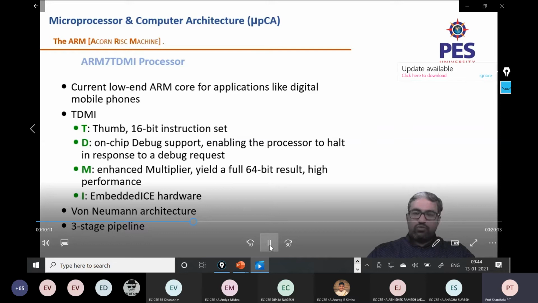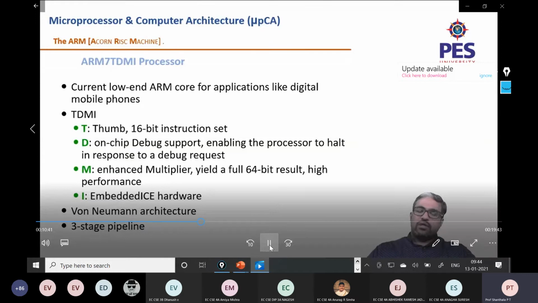So if you multiply two 32-bit values and the result is 64-bit, it can accommodate the 64-bit multiplication. How it can be done, we can write the program and see. I stands for embedded ICE hardware, which we will not be exploring much, but the T and M parts we will be exploring more, right?